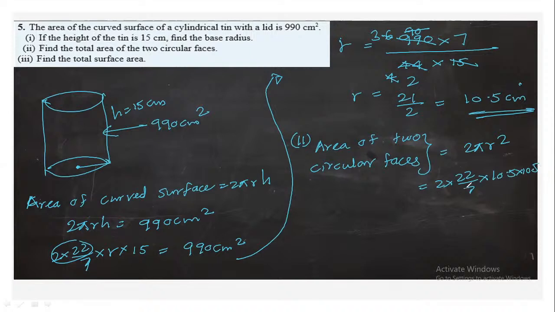Multiply. How many 7s for 10.5? There are 3. Here 2. Cancel.